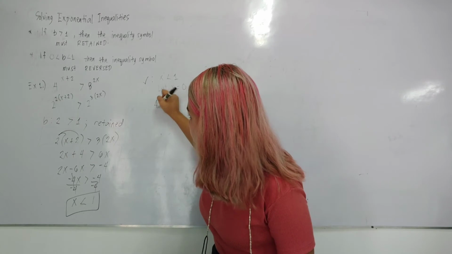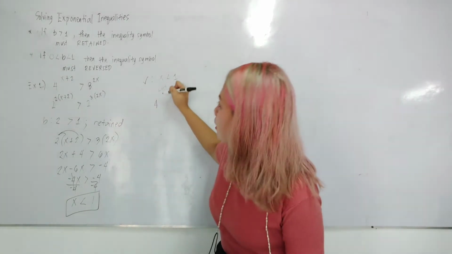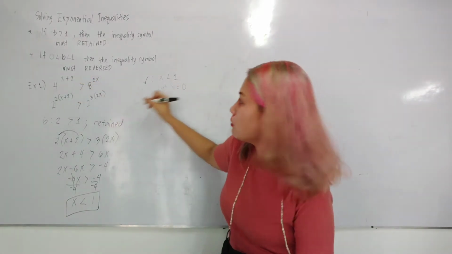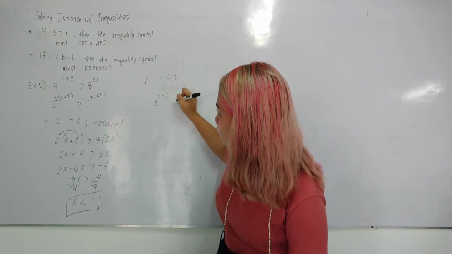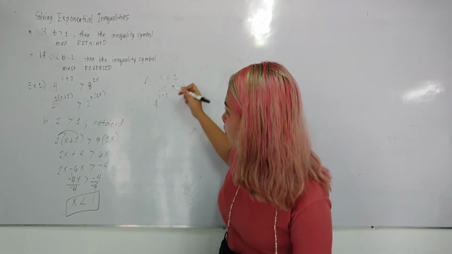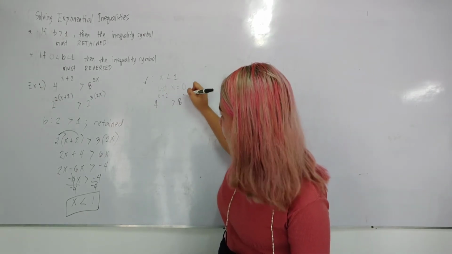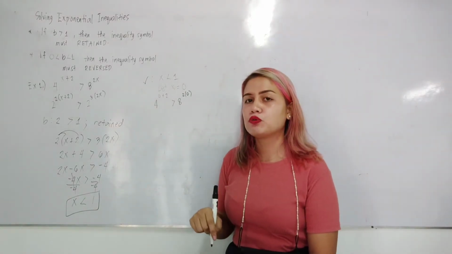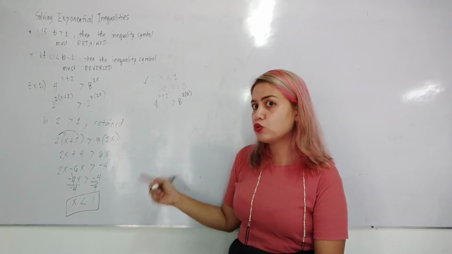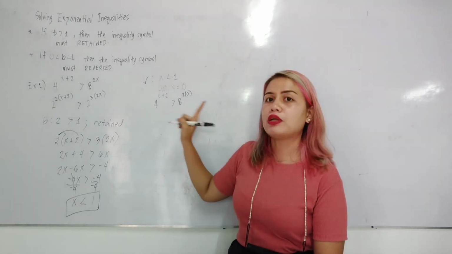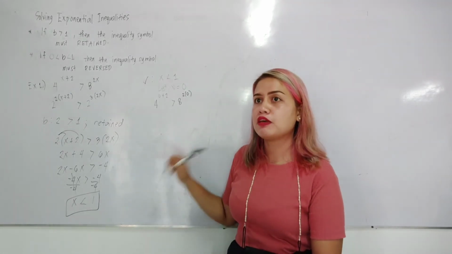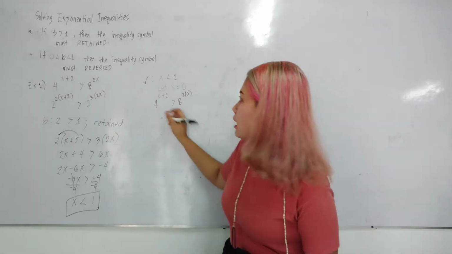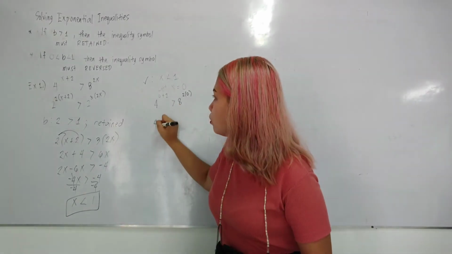Then we have 4 to the power of 0 plus 2 greater than 8 to the power of 2 times 0. The checking helps us verify whether our given value satisfies the exponential inequality. So 0 plus 2 is 2.